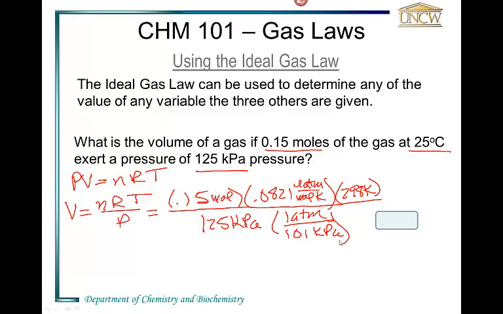And if we do that math, it turns out that the volume of this gas is 2.96 liters. So we can solve the ideal gas equation for any of the variables that you see, and we can calculate that variable as long as we know the three others. Remember, R is not a variable, it is a constant.